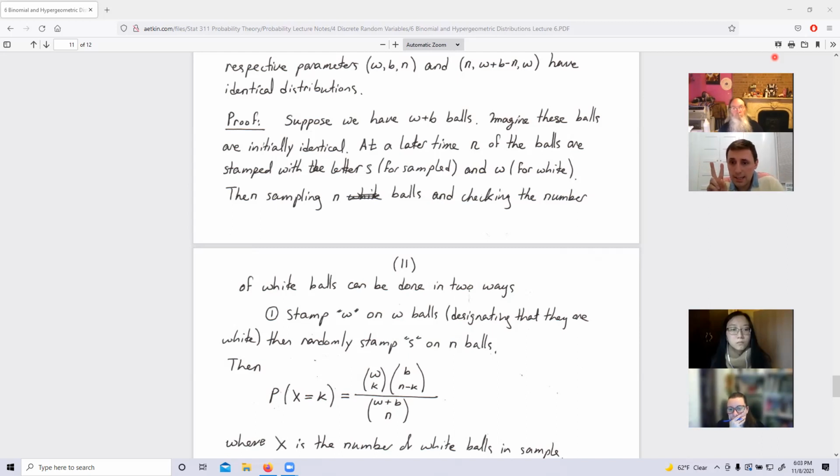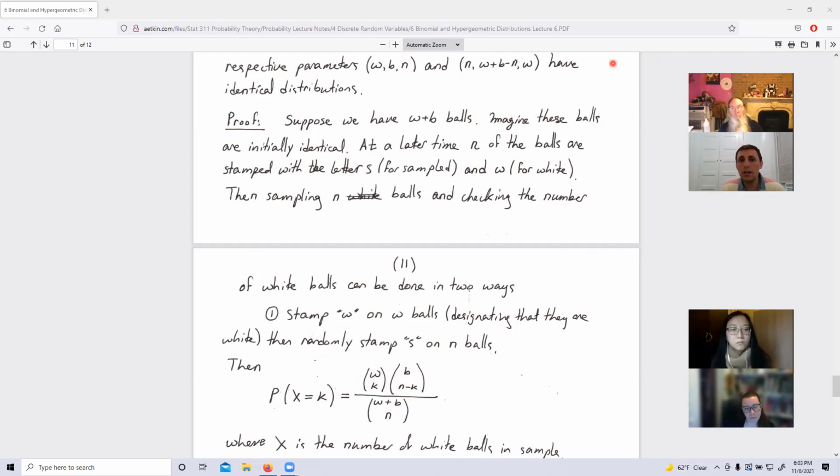One tag is sampled or not sampled, and the other tag is white or black. So the ball has a color, but you can also imagine that there is a tag. It says white, sampled, or white, not sampled, or not white, sampled, or not white, not sampled. You understand, right? Two things are written on each ball.